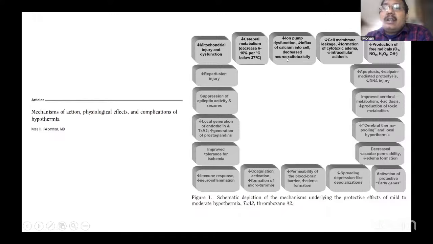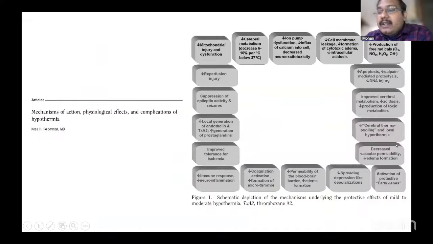But as a lot of physiological studies in animal models happened, they realized that hypothermia is an all-rounder. It not just decreases the cerebral metabolism, it can also stabilize the ion pump dysfunction and cell membranes, decrease the free radical production, and decrease the apoptosis.